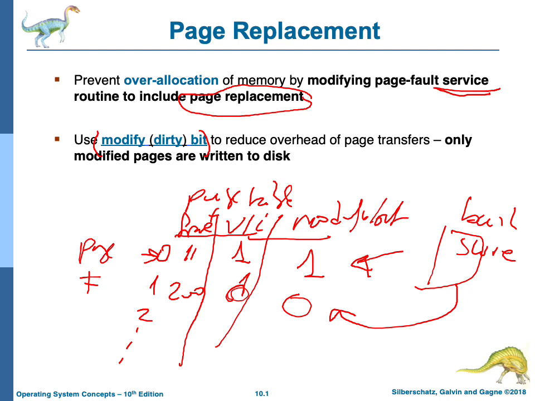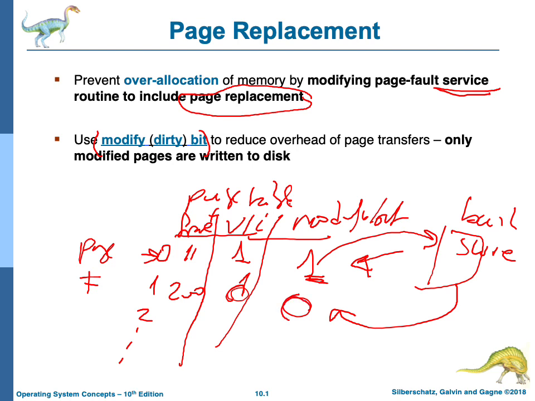Why do we need this bit? Because when we're going to apply page replacement, what are we going to do with the victim, the page that we will replace? To reduce the latency, we're thinking about one path, which is we are only going to write that victim page back to disk if it has been modified, which makes sense, right?